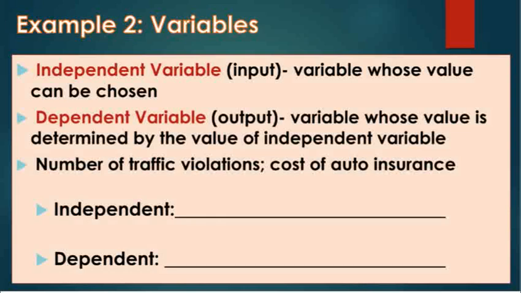So the independent would be the violations, because the cost is dependent on how many violations you get. So I'll put cost as your dependent. So you can put as many violations as you want, and you can determine about what your cost would be per month.